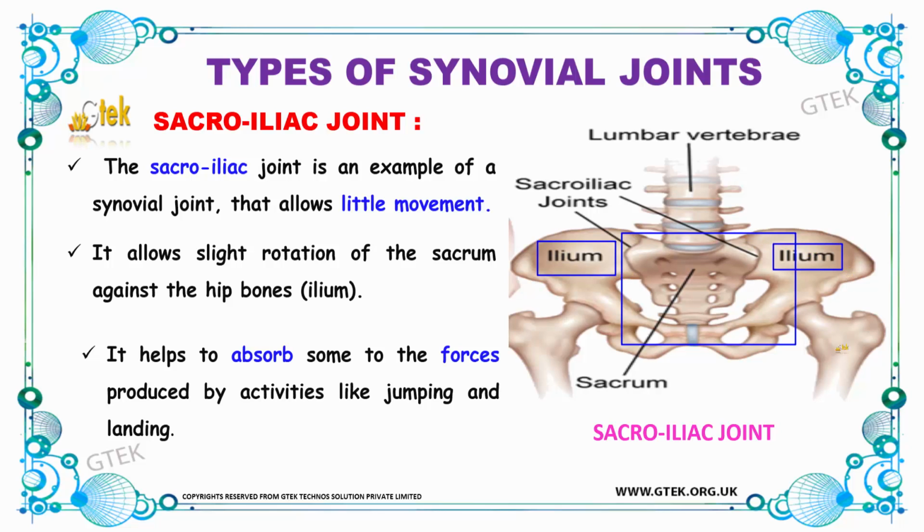So hence it is known as the sacroiliac joint, which ensures there is movement between your hip bone and the sacrum. It helps to absorb some of the forces produced by activities like jumping and landing. So that is supported by your sacrum and ilium.